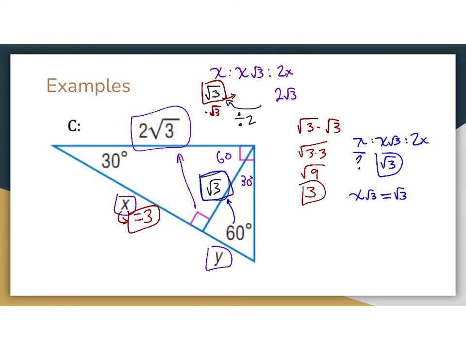So long leg is whatever my short leg is times square root of 3. So when I divide there, this cancels out, and this cancels out as well. Technically, it really doesn't cancel out. It becomes 1. So that's my answer. My answer is merely 1.